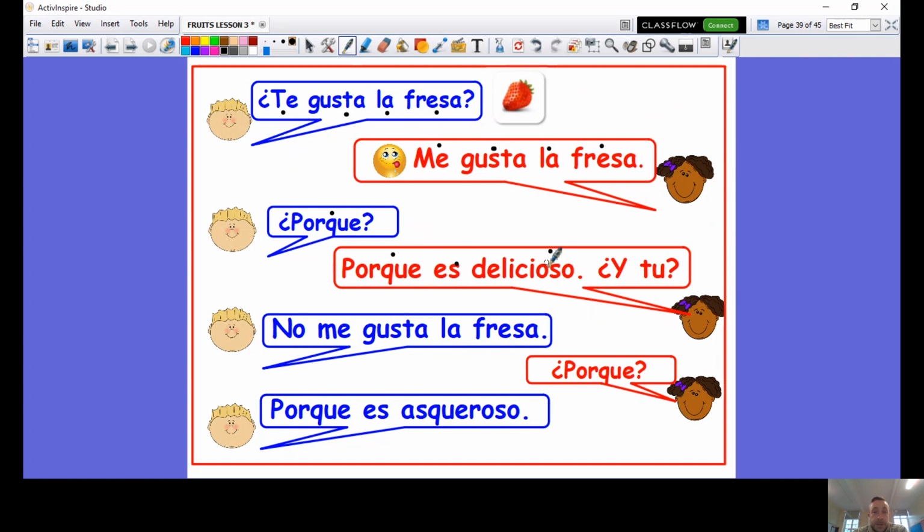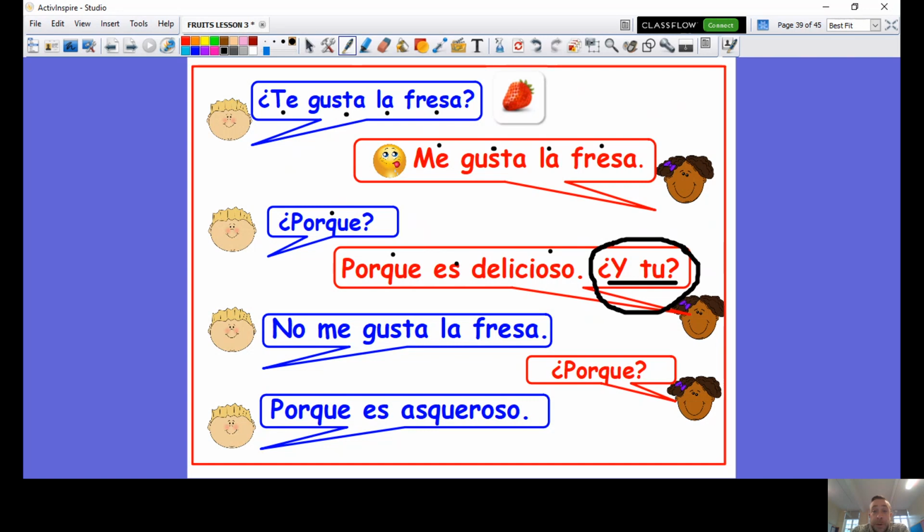Because it is delicious. But here's the new bit. The girl now has a question for the boy. And the question is, ¿y tú? Who can remind me what ¿y tú means? That's right, it means and you.